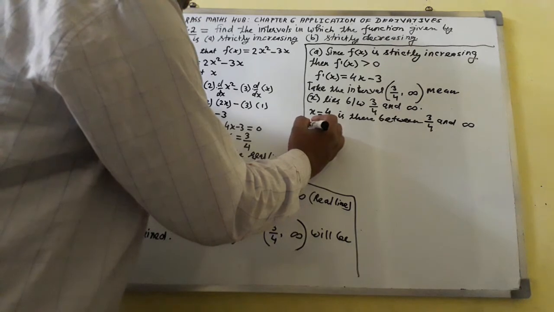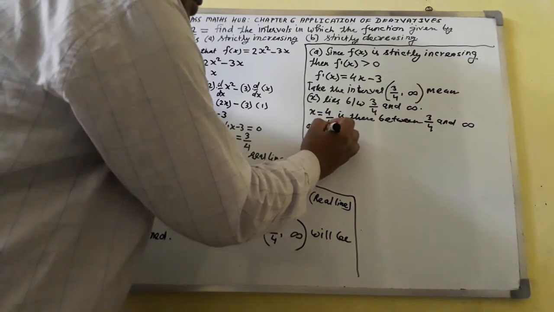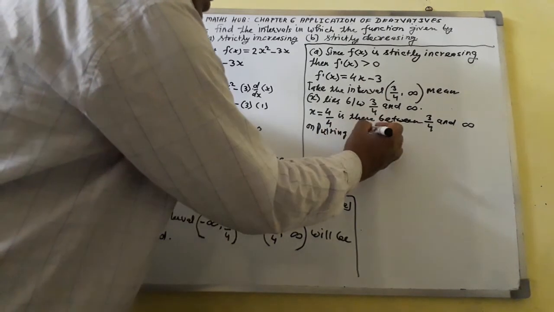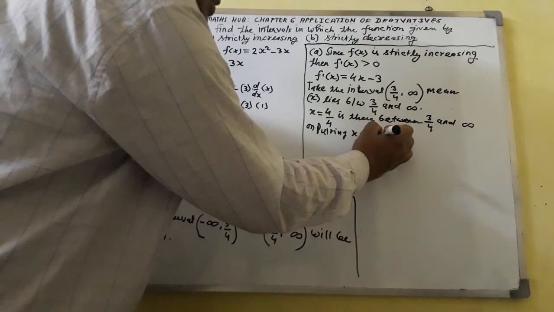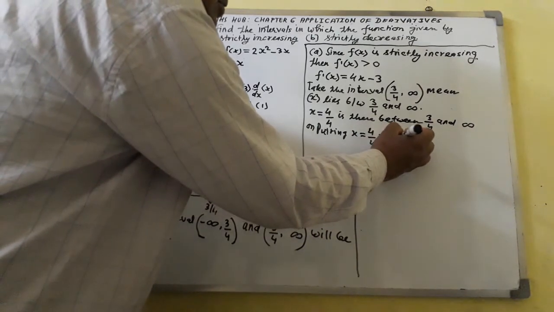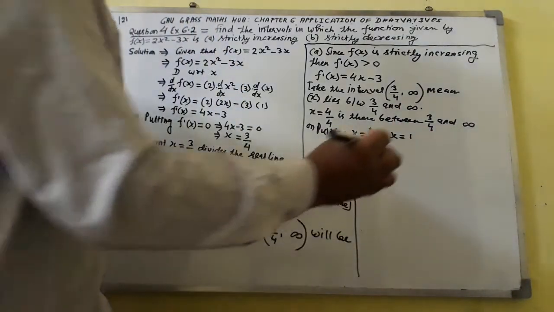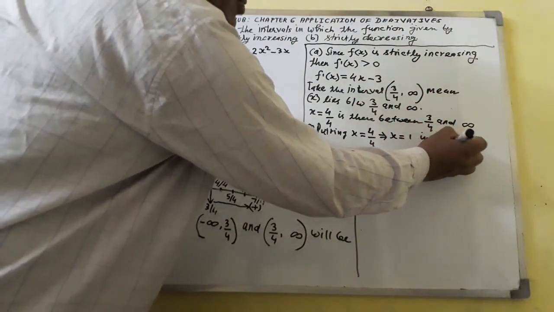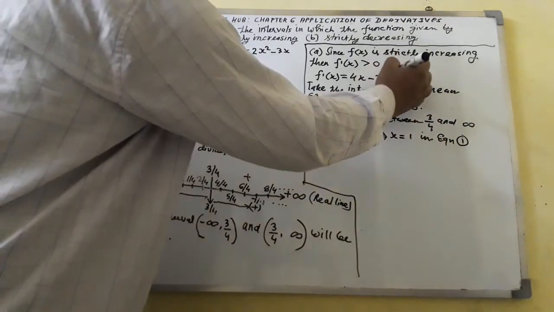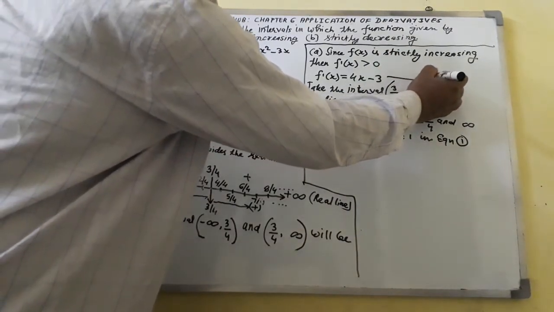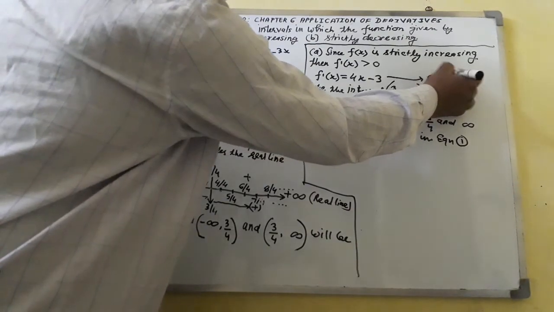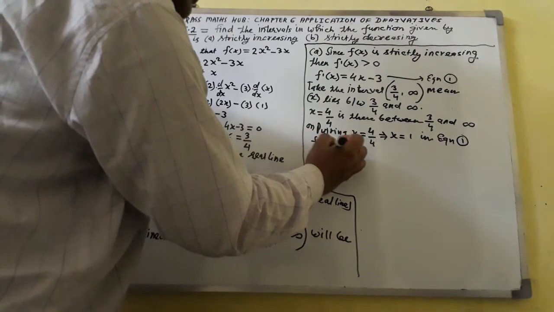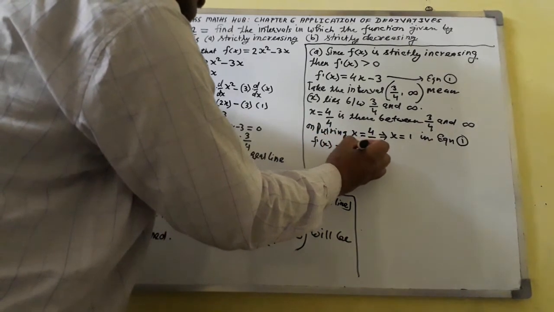On putting x equal to 4 over 4, that implies x equal to 1, in equation number 1. So here we have got f dash of x equal to 4x minus 3.